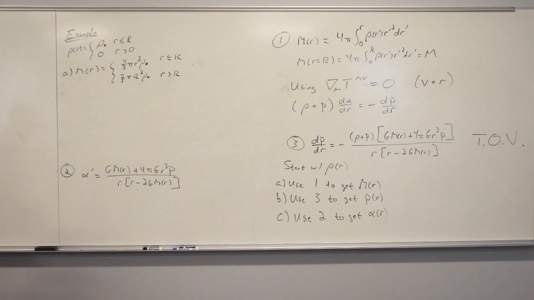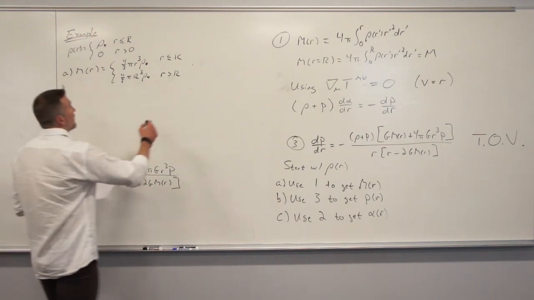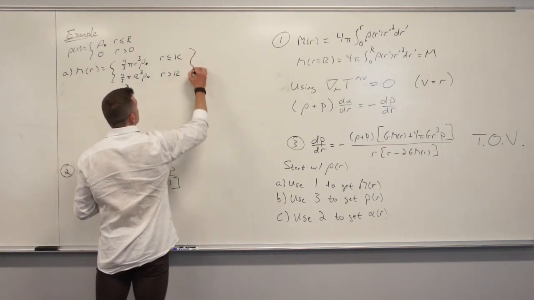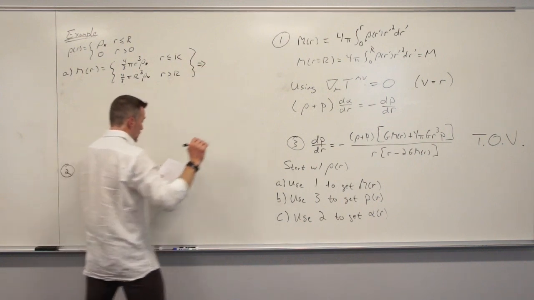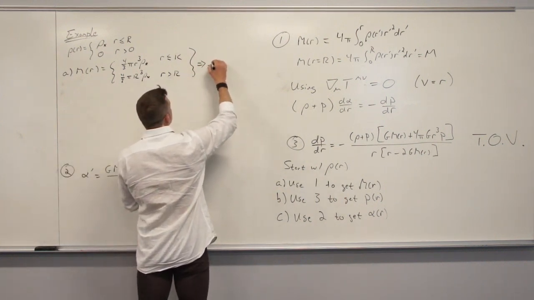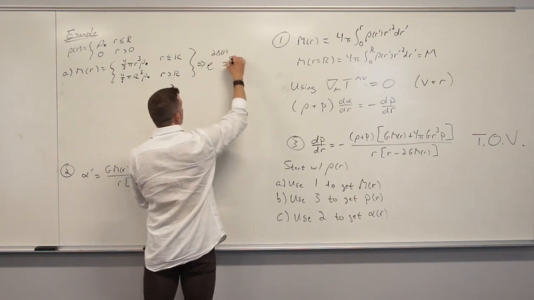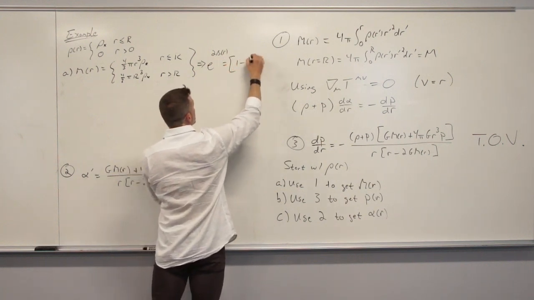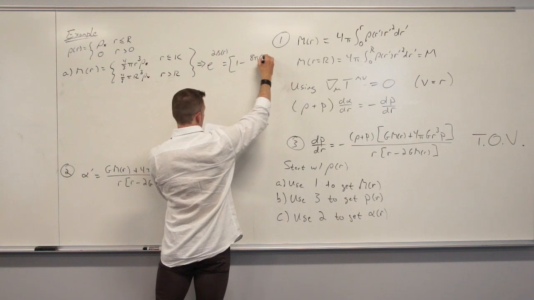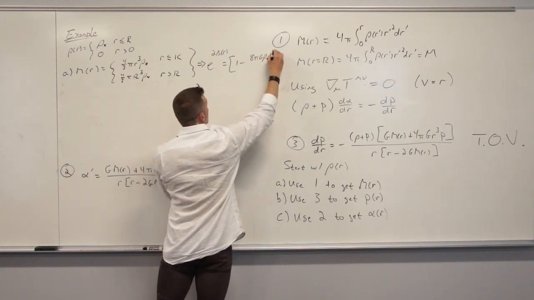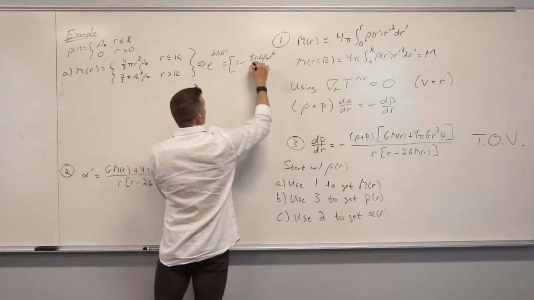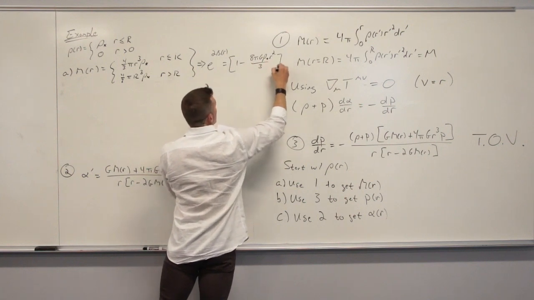There are worse integrals out there. From this, we can, if we would like, find the form of the metric coefficient, which now takes the form 1 minus 8 pi g rho star r squared over 3 to the minus 1.